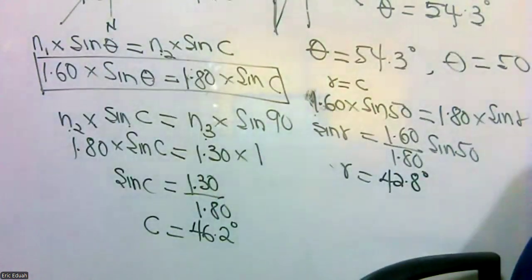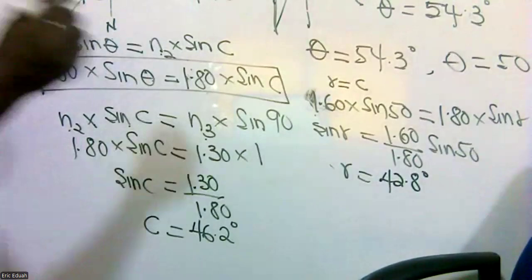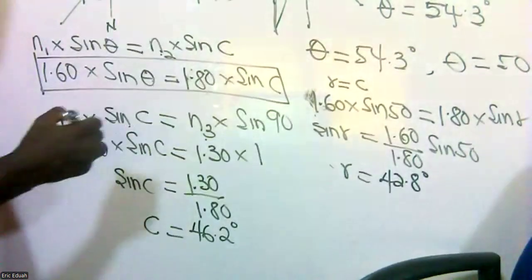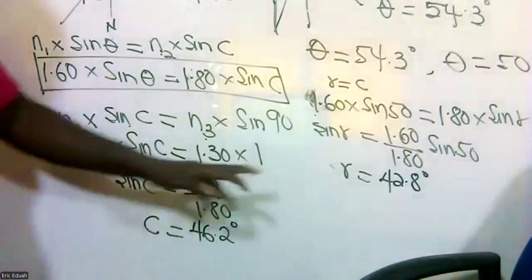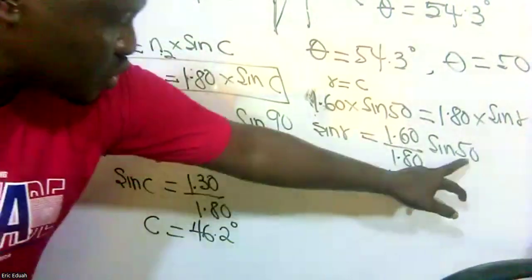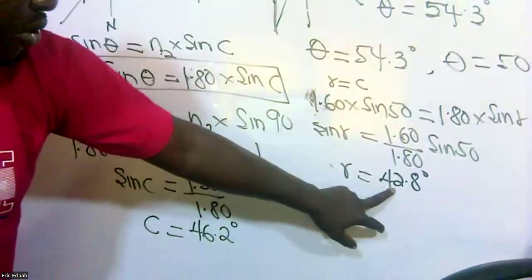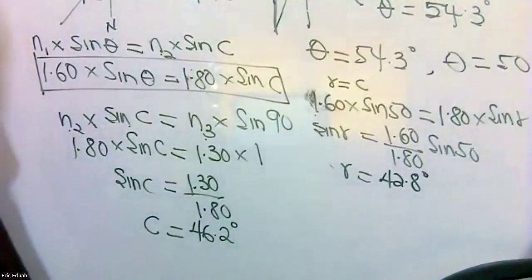Now, don't forget, R will be equal to C. So if theta is reduced to 50, the critical angle will be 42.8.